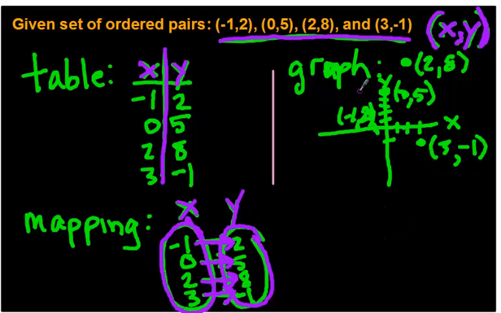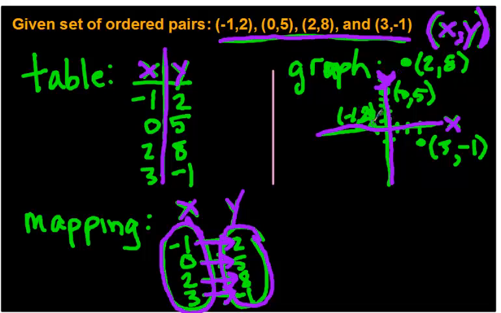The graph, the one thing you always have to remember is that we have a horizontal axis and a y-axis. The horizontal is always the x. It's always the independent variable, the thing that happens first. The y value is always the thing that happens second. It is the vertical axis.